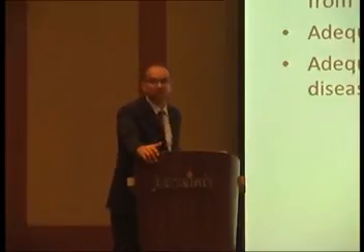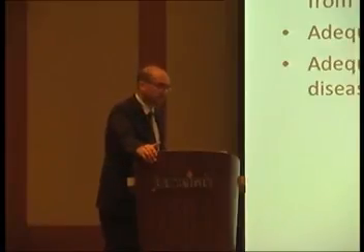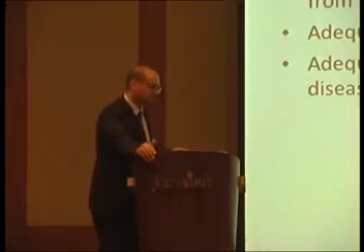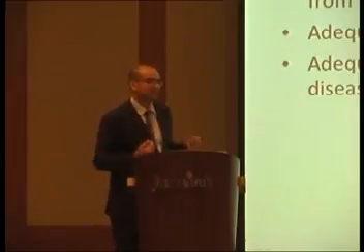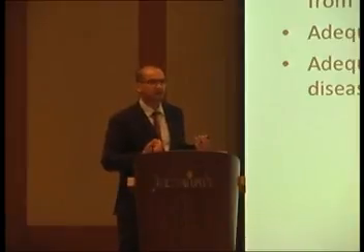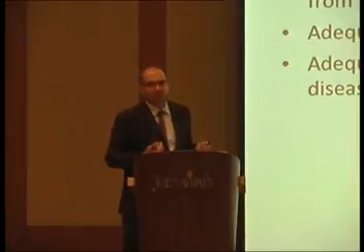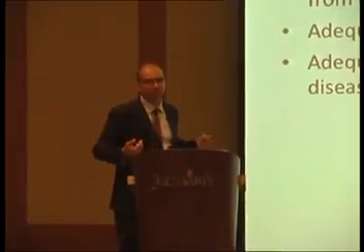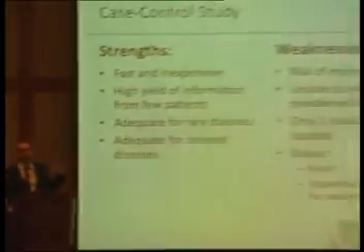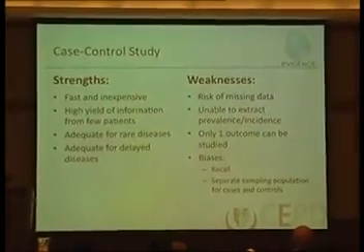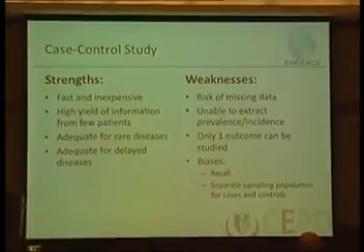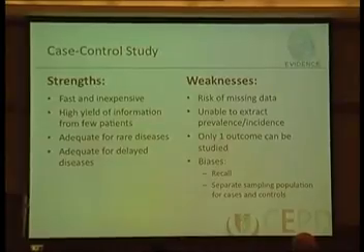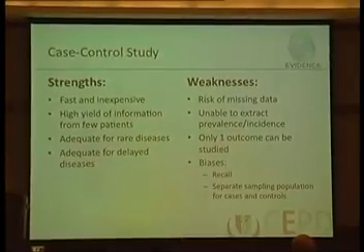Recall bias. We'll probably talk about this later on as well. For recall bias, you can ask people whether they were eating healthy food, but you're not 100% sure if they can recall that information adequately, especially if you ask them about history.